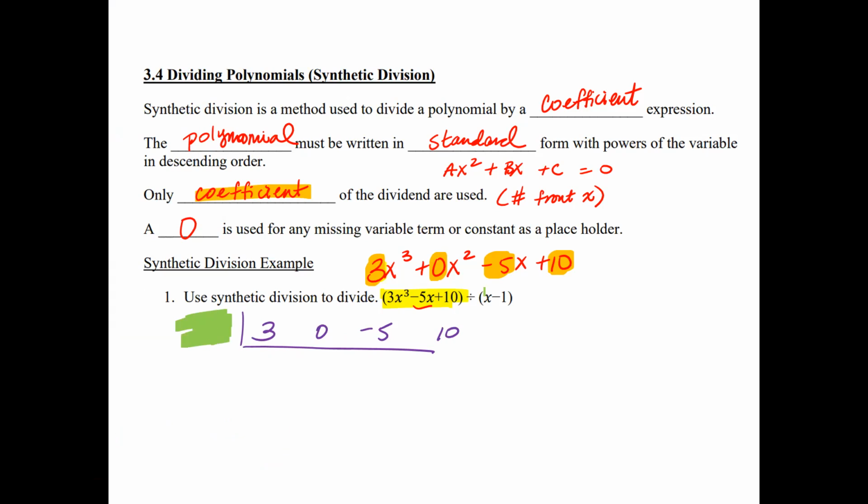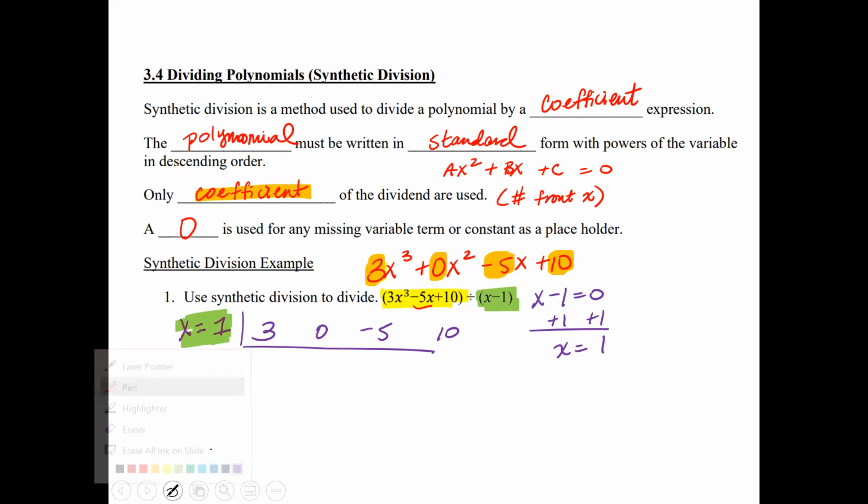The number out here is kind of going to be x minus 1, but it's not x minus 1. You have to set x minus 1 equal to 0 and then solve for it. So what is x equal here? You can't just put x minus 1. You have to put x equals 1.